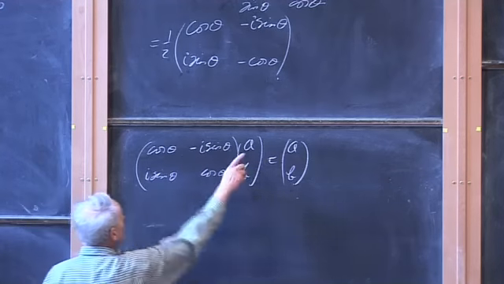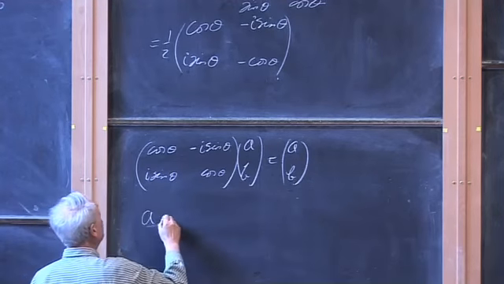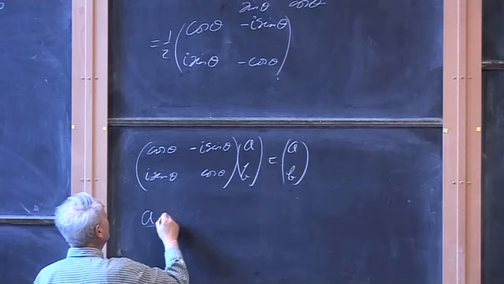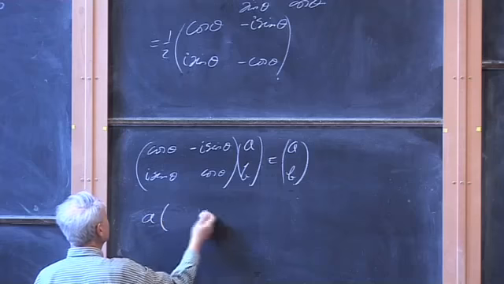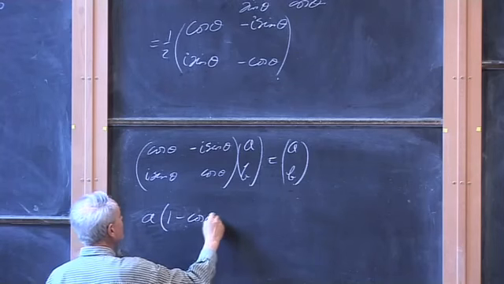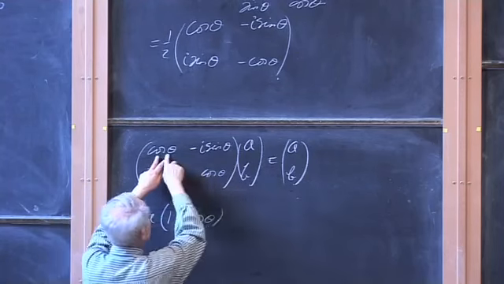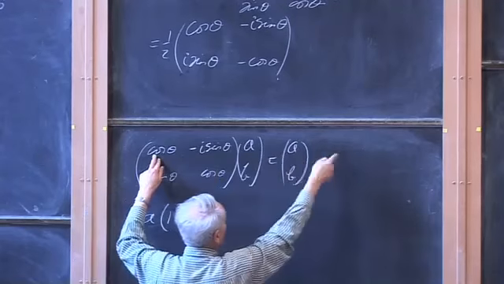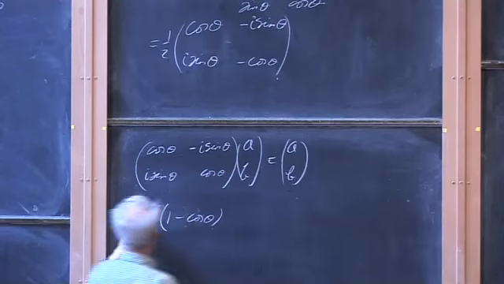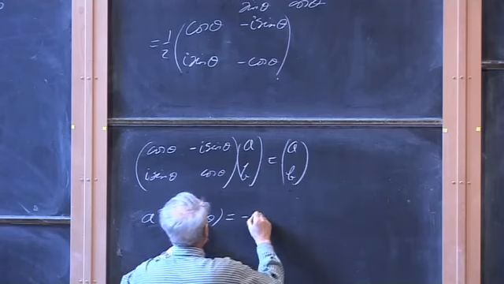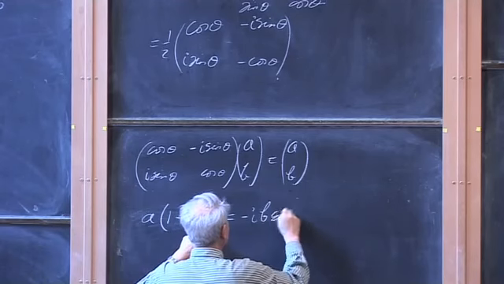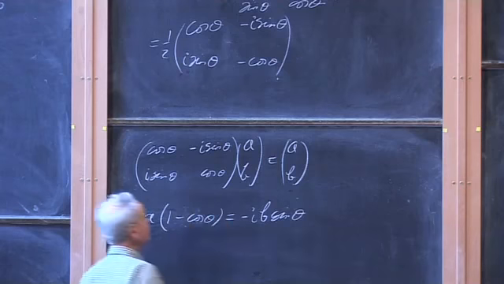So we merely need to look at the top equation, and it says that A cos theta minus i B sine theta equals A on the right-hand side. So A into 1 minus cos theta is equal to minus i B sine theta.